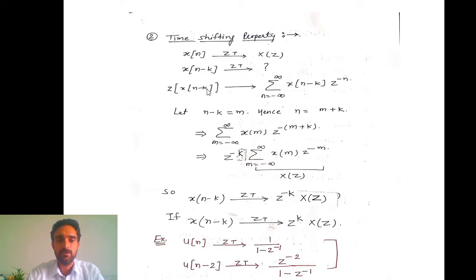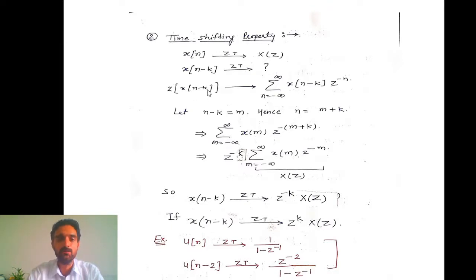If k equal to 2, if we assume x(n minus 2) is the signal, then the Z transform of x(n minus 2) will be z to the power minus 2 X(z). X(z) is the Z transform of x(n), and z to the power minus k X(z) is the Z transform of x(n minus k).